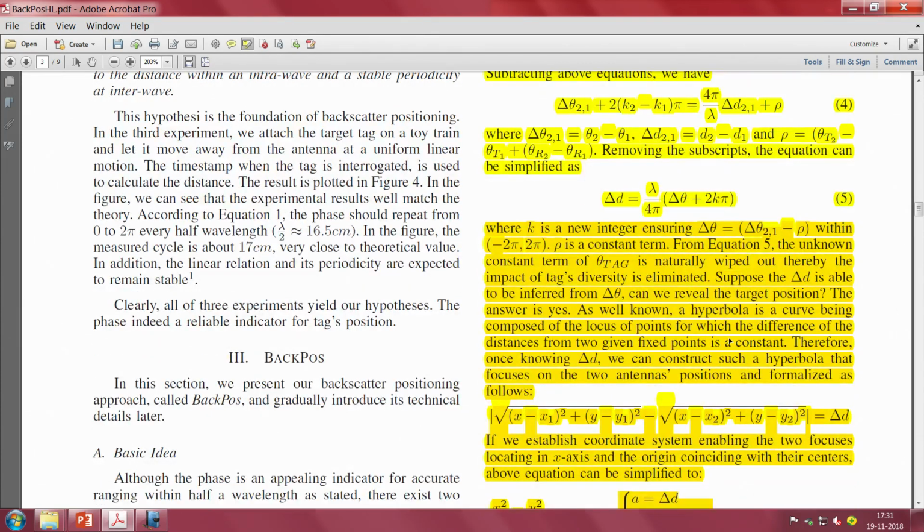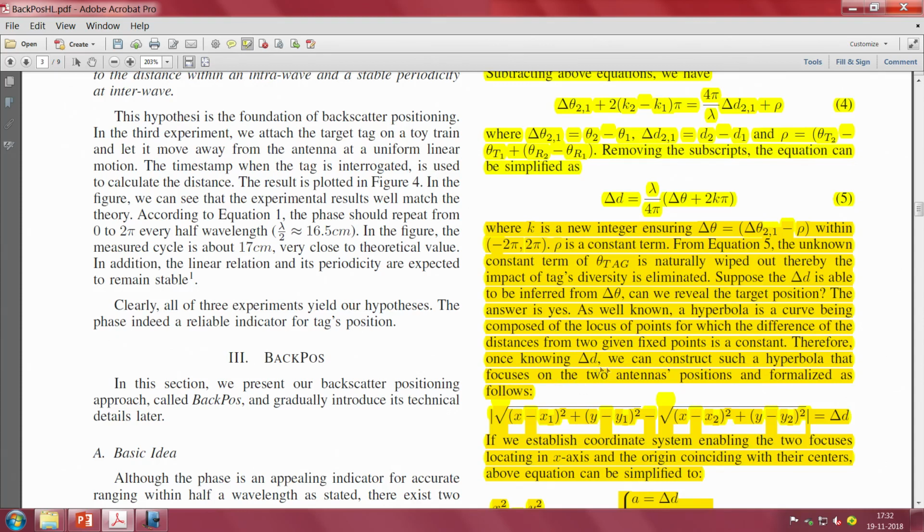Now suppose delta d is able to be inferred from delta theta, can we reveal the actual tag position? That is the beauty. The answer is yes, and you can apply the well known hyperbola, which is nothing but a curve composed of locus points for which the difference of the distances from two given fixed points is a constant.